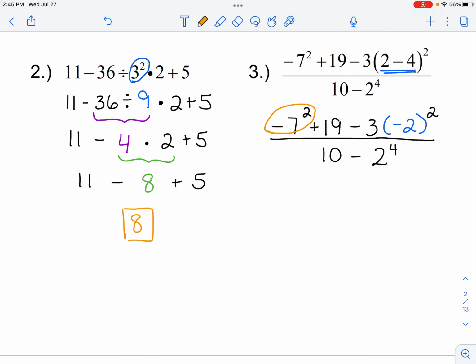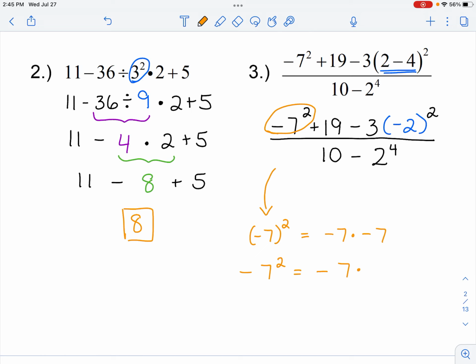There is a difference between, this little side note, negative 7 squared, which is negative 7 times negative 7, but minus 7 squared like this is minus 7 times 7. I'm just doing the 7 squared, not the negative squared. If you want a negative to be raised to an exponent, it has to be in parentheses with the exponent on the outside of the parentheses, like we see over here, okay?